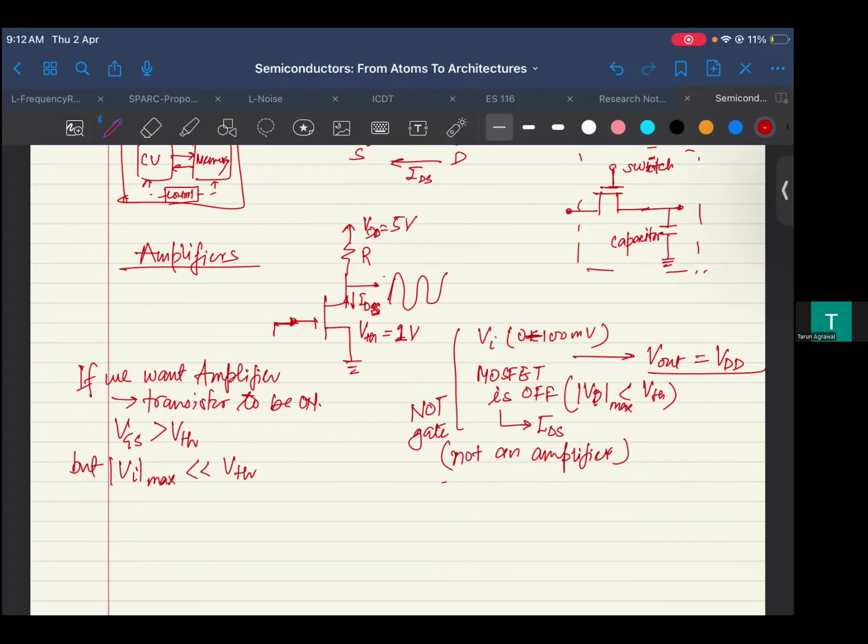Then you figure out: can I apply a DC voltage externally, the way I'm giving a battery here, like 5 volt? I can apply this voltage externally, and on top of it I superimpose whatever signal I'm getting, in series.